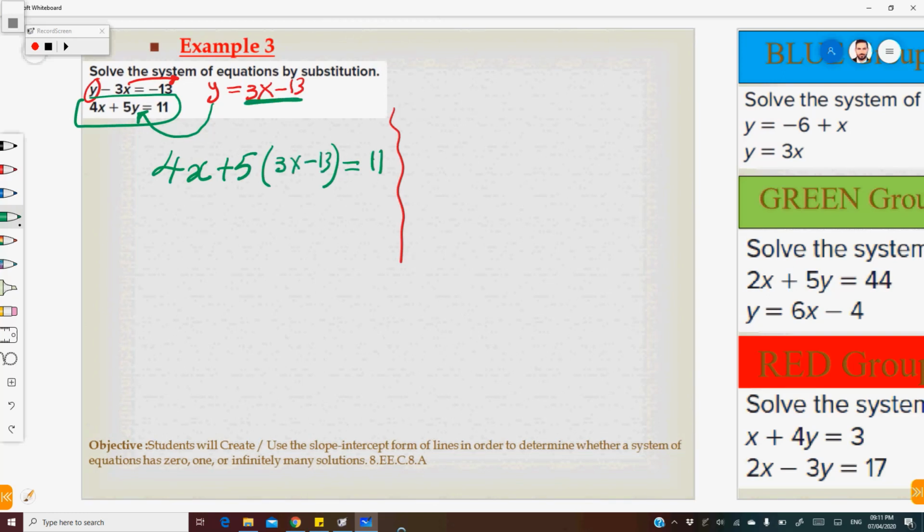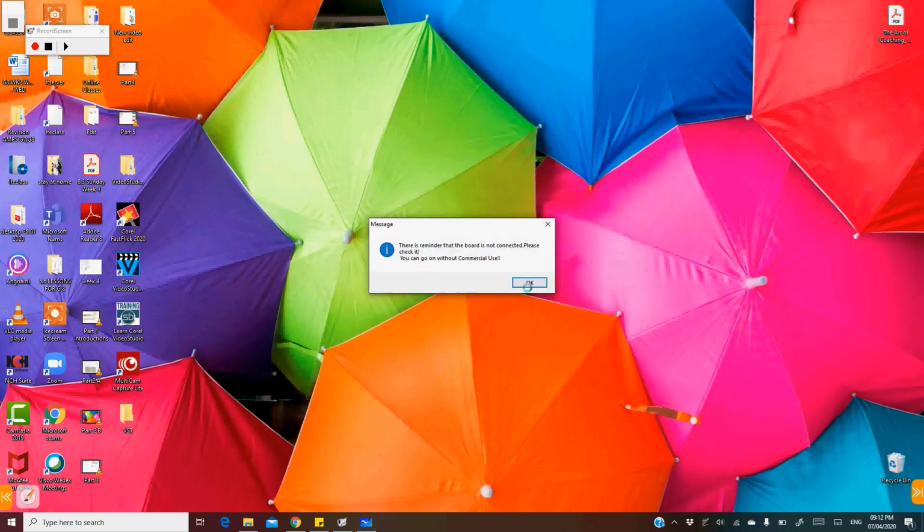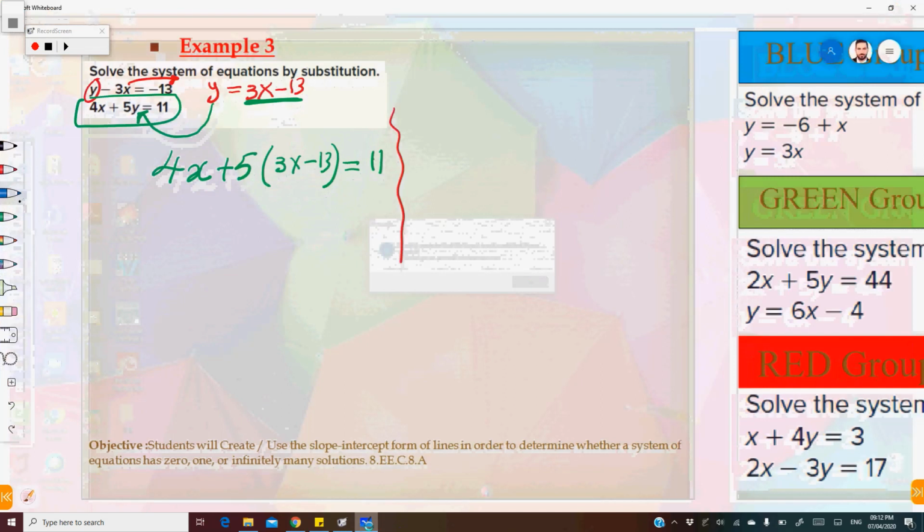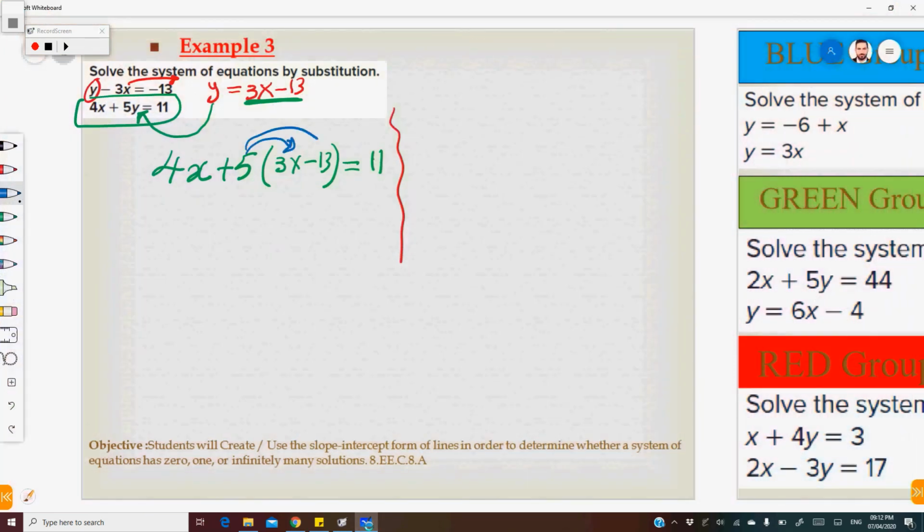And how can you solve it? You will solve it by multiplying 5 times 3 and 5 times negative 13. 4x plus 5 times 3 is equal 15x. 5 times negative 13 is equal negative 65 equals 11.